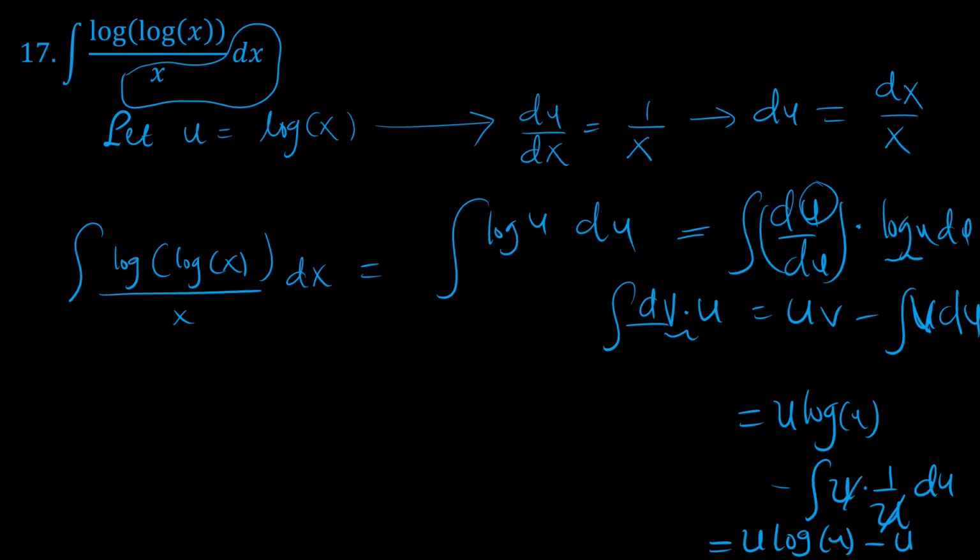This is minus u plus the integration constant. Now we have to express it back to the x domain. So we said our integral is the same as u natural logarithm of u, minus u.